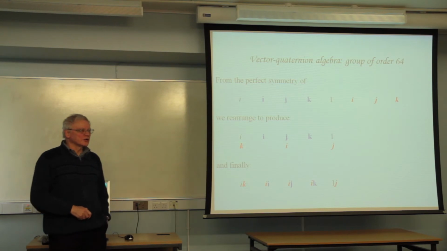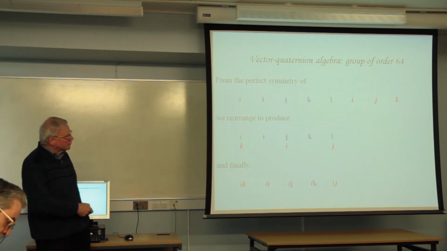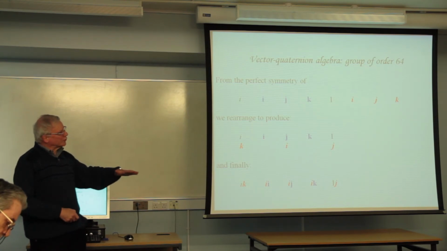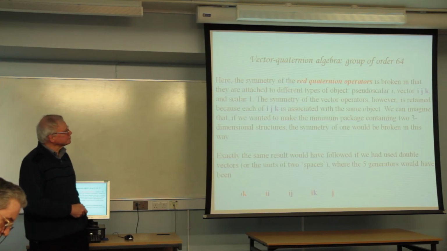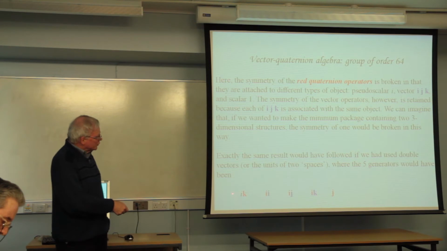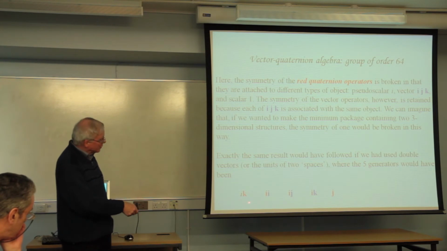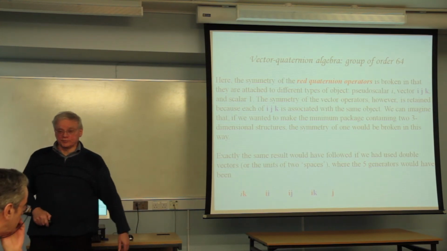And that's a very crucial point. That's just purely mathematics, but it means that to get to the minimum structure I can, I've had to break the symmetry. And I could have done the same had I used 2 lots of vectors. If I'd had 2 actual spaces, I would have had to break the symmetry of one of the 2 spaces to get the generators for the group that combines them.